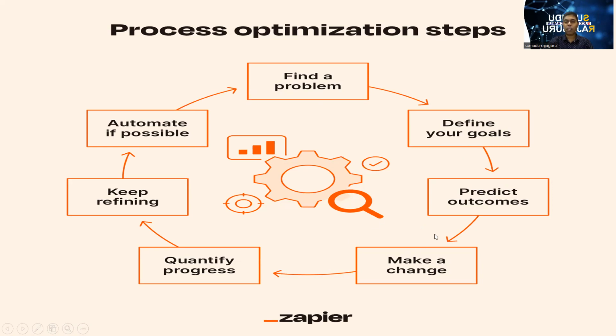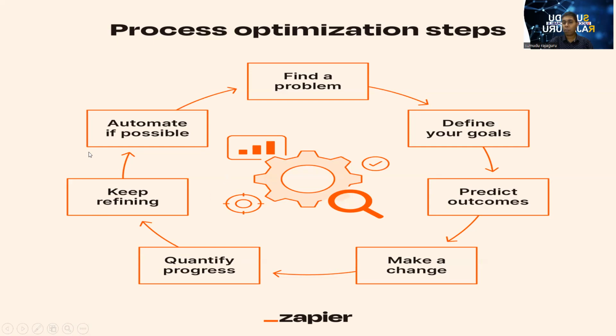Then we have to make a change. After we have done the change, then we have to measure the progress. That is called quantifying the progress. Keep refining: whatever the deviations based on the results gained, we have to do some fine tuning.